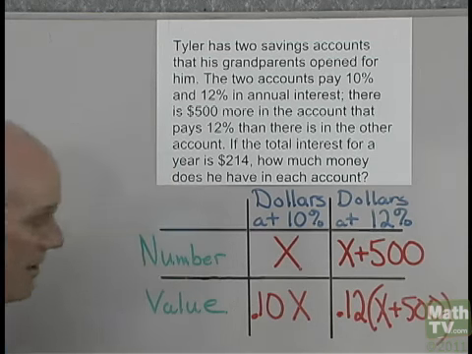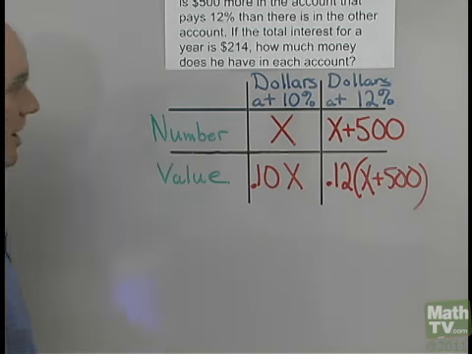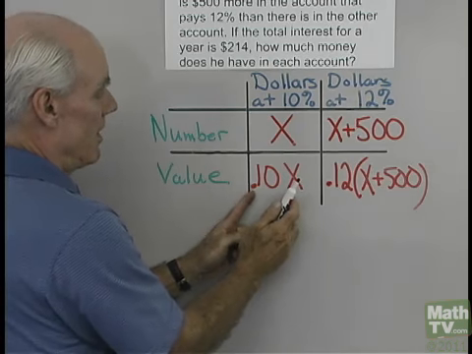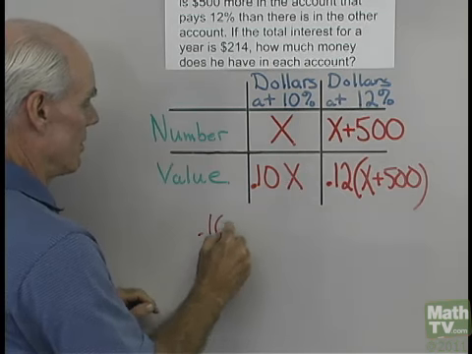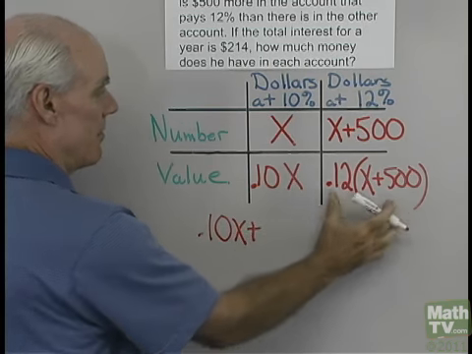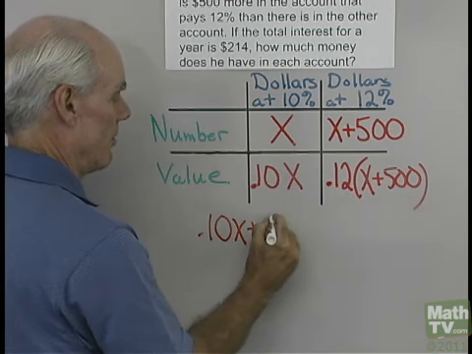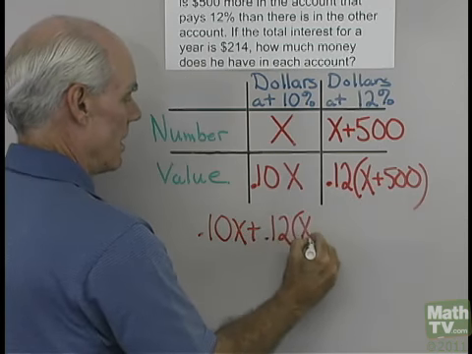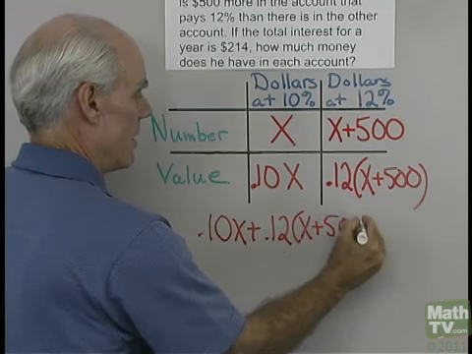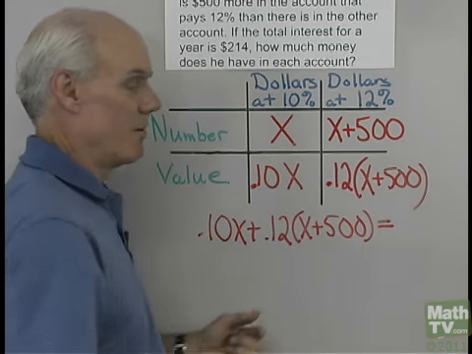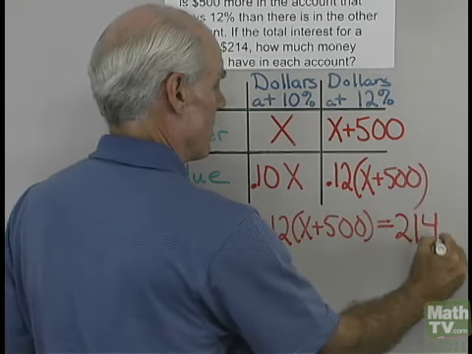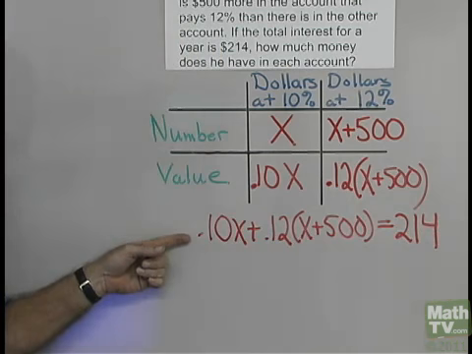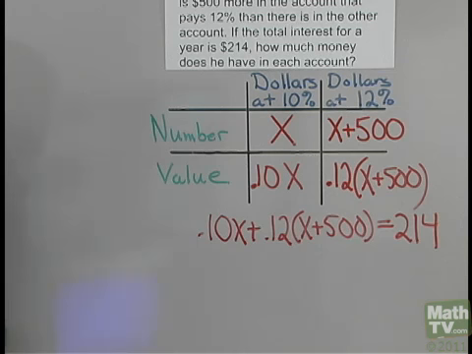So I'm going to say the amount of money earned in interest in this account, 0.10x, plus the amount of money earned in interest in this account, 0.12 times (x plus 500), has to come out to be the total amount of interest earned, which is $214. So here I have an equation that describes the situation in the problem.